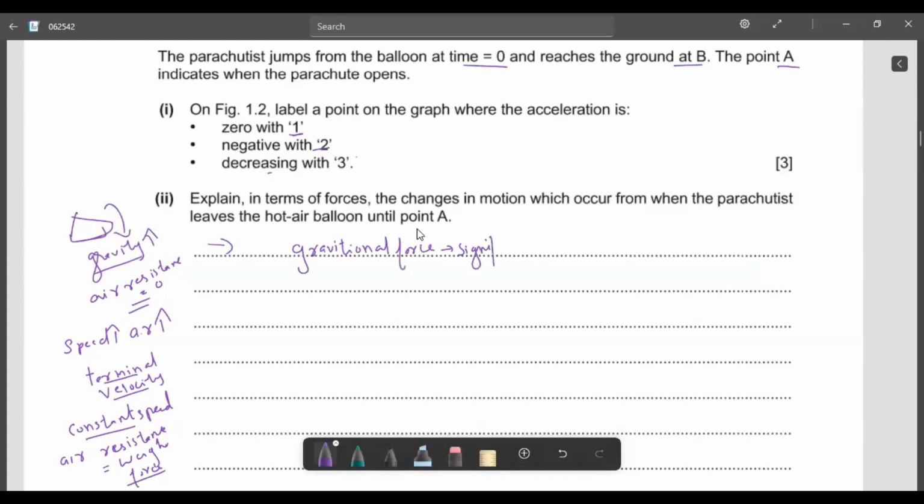This gravitational force will be significant and air resistance will be 0. As gravitational force is significant, the speed will start increasing. As the speed increases gradually, the air resistance also increases.